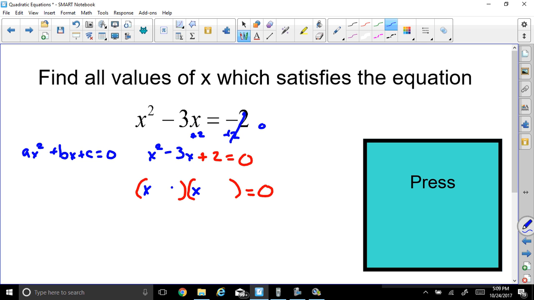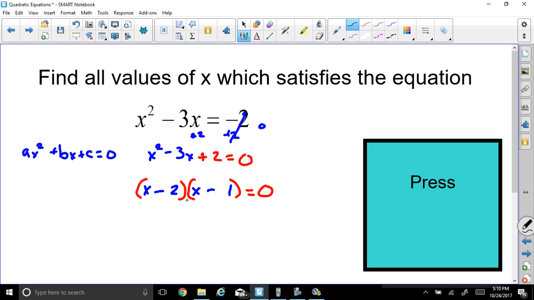Well, I know 2 times 1 is a prime number, so it's got to be 2 and 1, and I want to get positive 2, so I could say both are positive, but my middle number would have to add up to a negative, so it's got to be negative, because negative 2 plus negative 1 is negative 3. Now I'm almost done.